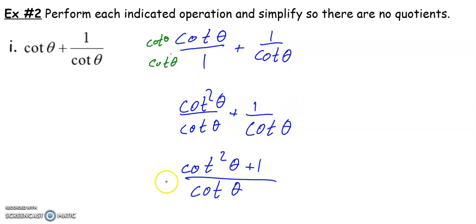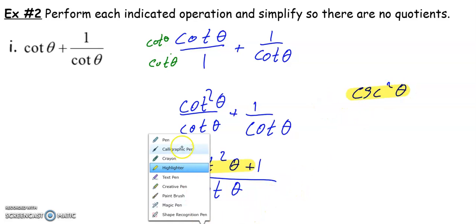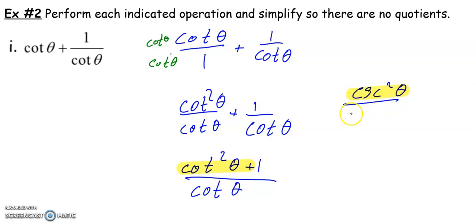And if we look at it, it is. 1 plus cotangent squared theta can actually be rewritten as cosecant squared theta. I looked up my Pythagorean identities from 3.1 and rewrote it like that, and that's going to be over cotangent theta.